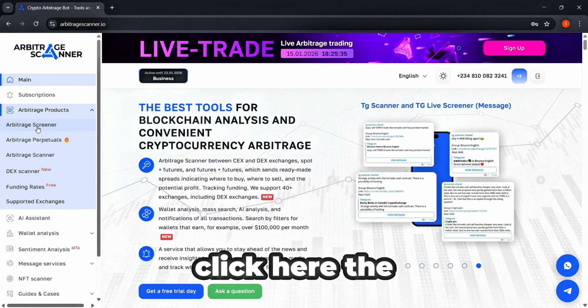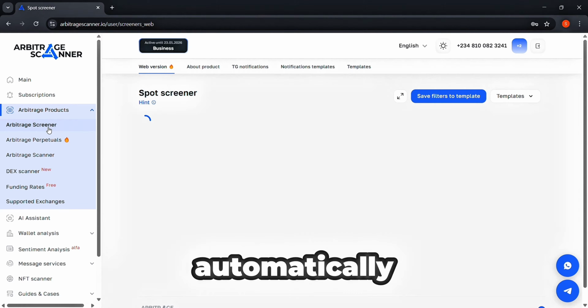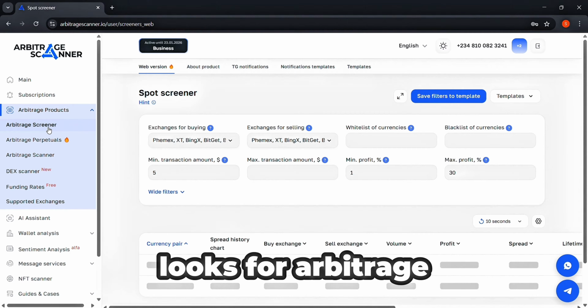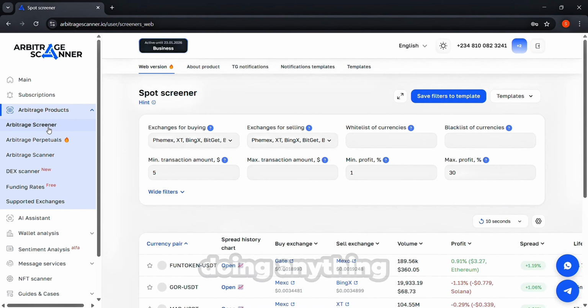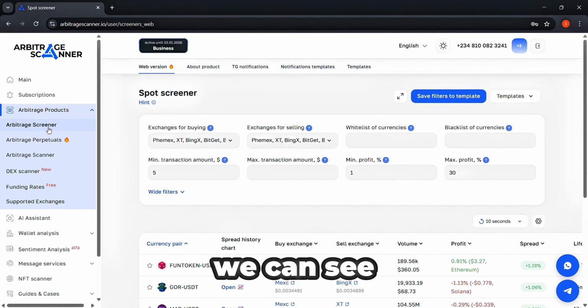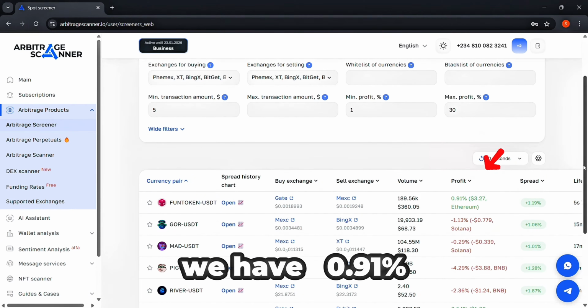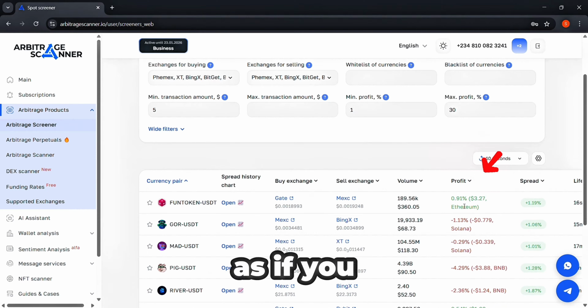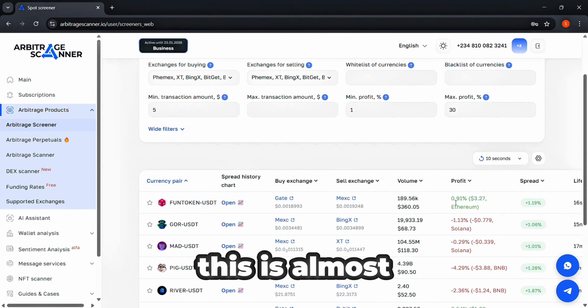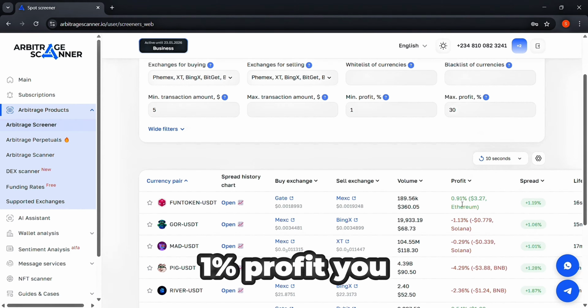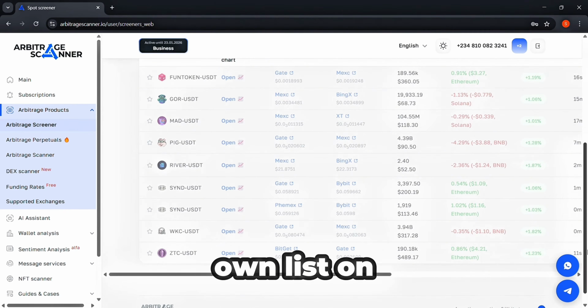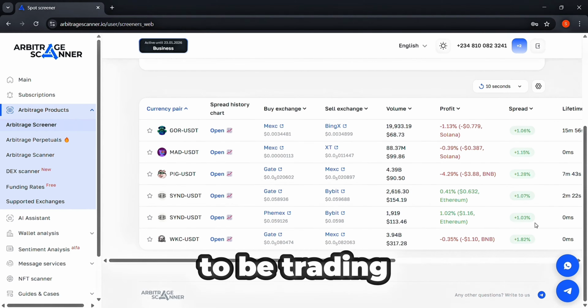So if we click here, the first one is called the arbitrage screener. The arbitrage screener automatically looks for arbitrage opportunity without you doing anything. So for example, we can see here currently at Ethereum, we have 0.91%. This is almost 1% profit. You can make your own list on the minimum amount you want to be trading from.